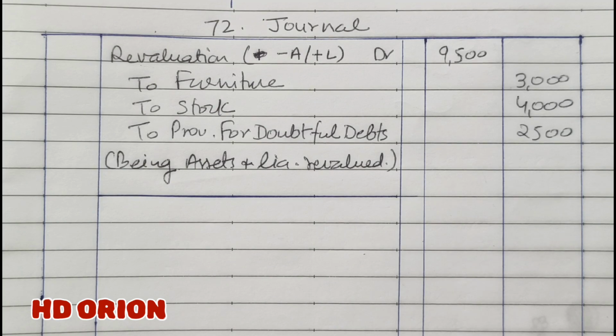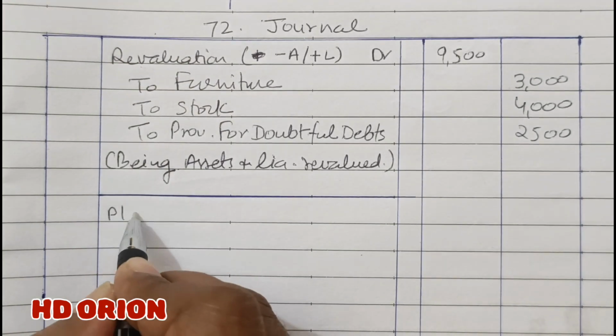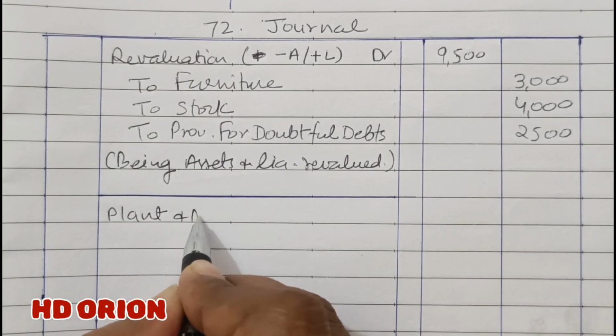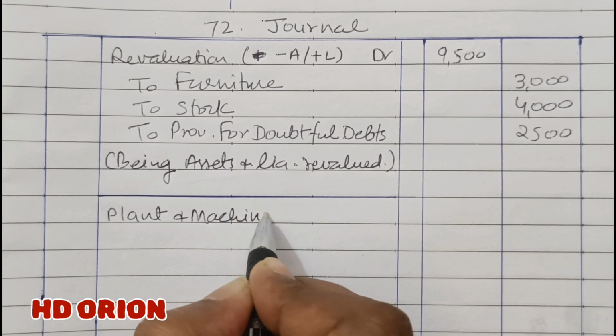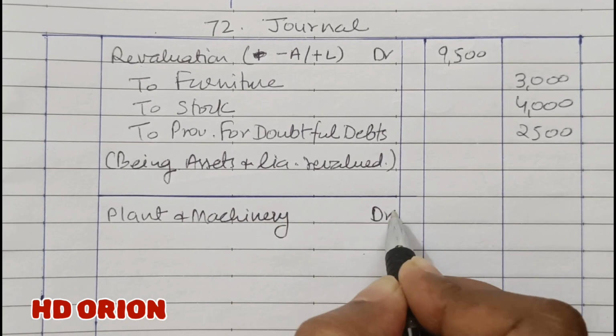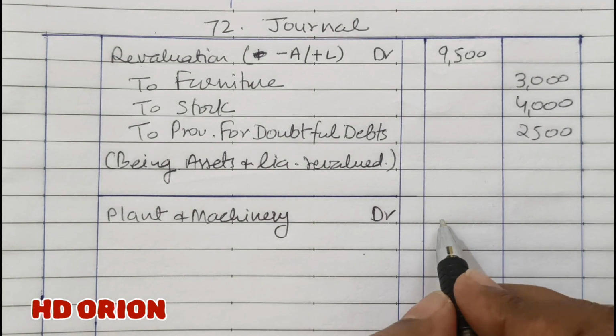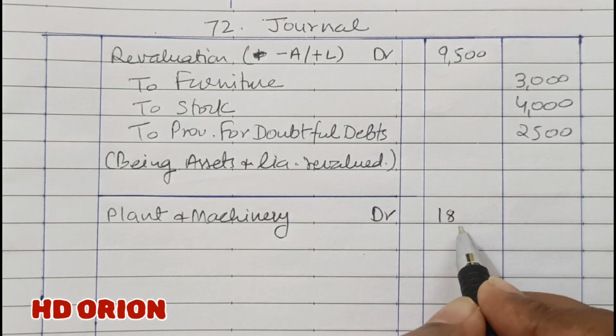Then we will check for when the revaluation account is to be credited. So when is revaluation account credited? When assets are increasing and liabilities are decreasing. So here plant and machinery is increasing. From 1,80,000 it has increased to 1,98,000.